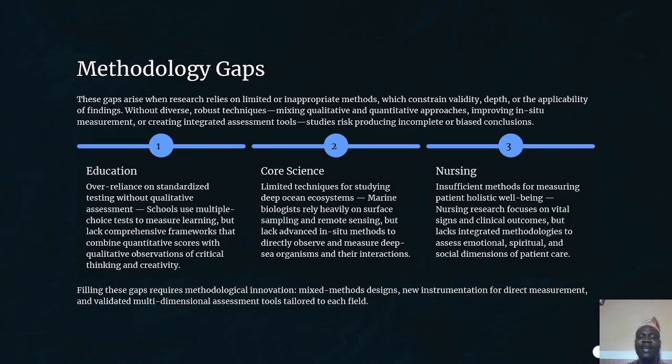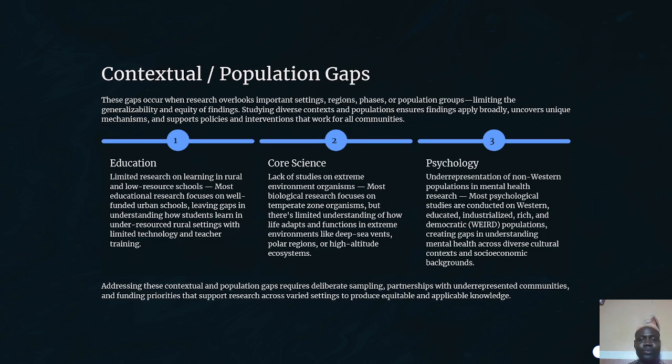This is a very good area that I recommend for people who are in counseling, nursing, sciences, analytical chemistry, and so much more. It is also a methodological gap in medical sciences. So the next gap that I will be talking about in this presentation is the contextual and population gap.